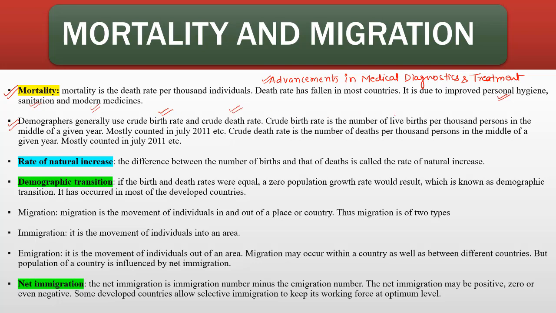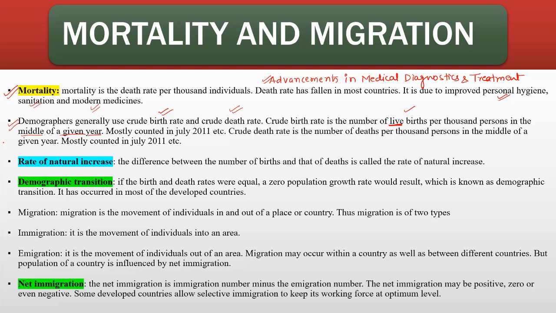Crude means raw. Crude birth rate is the number of live births, a very important term, per 1,000 persons in the middle of a given year. Crude birth rate is the number of live births per 1,000 persons in the middle of a given year.